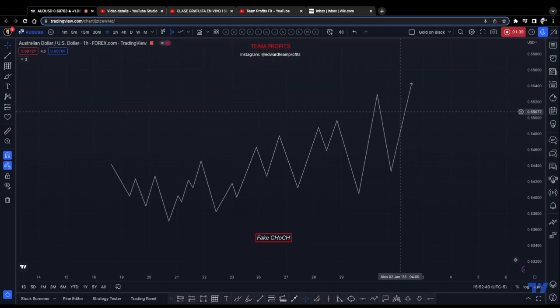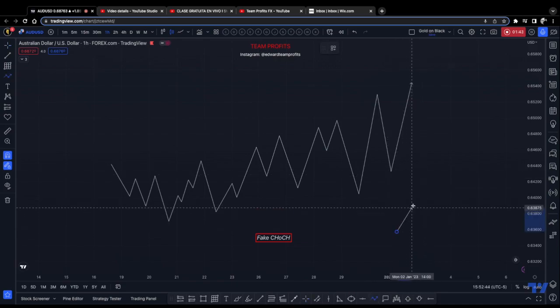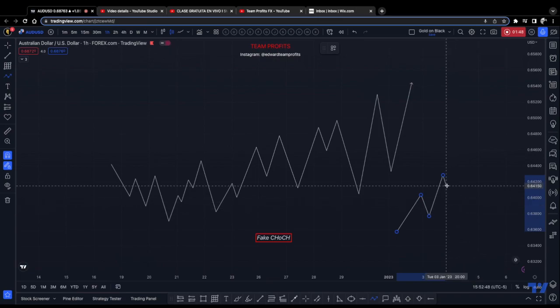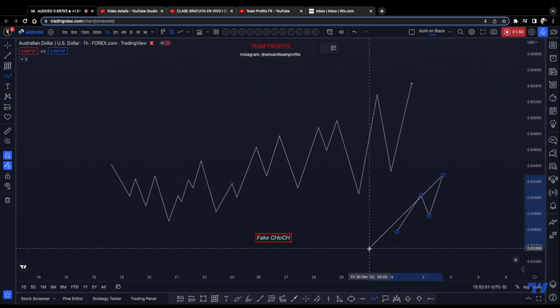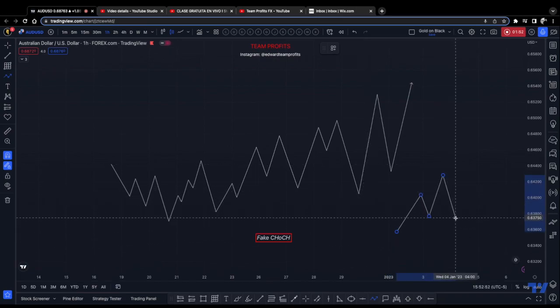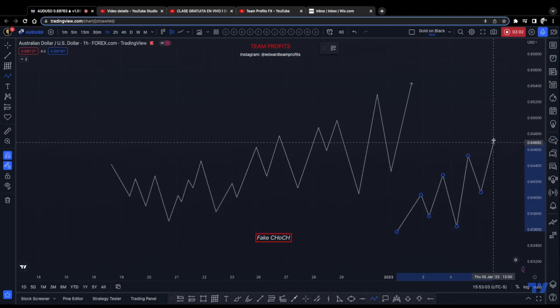It will cause the market to have a minor change of direction. Let's just say it's pushing up like this, and the price does this potential change of direction, and all of a sudden, as soon as those news happen, the market starts pushing up and just continues up.